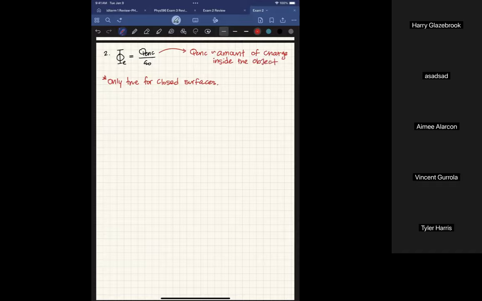And that has units of coulombs. Epsilon naught down here, you've been using the whole time. That's just a constant. It's equal to 8.85 times 10 to the negative 12.